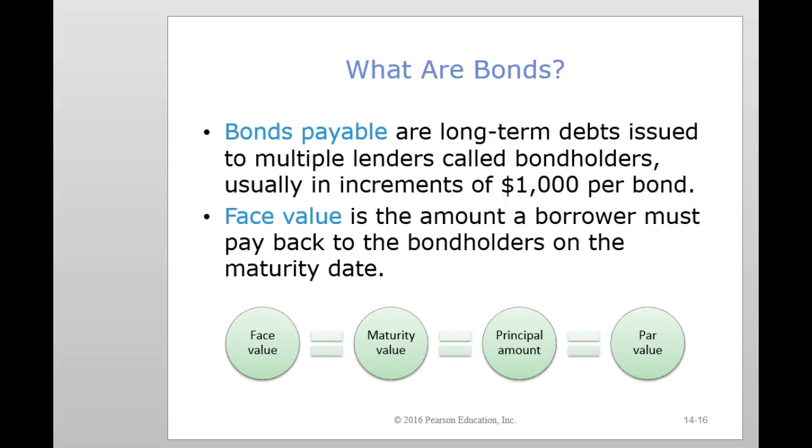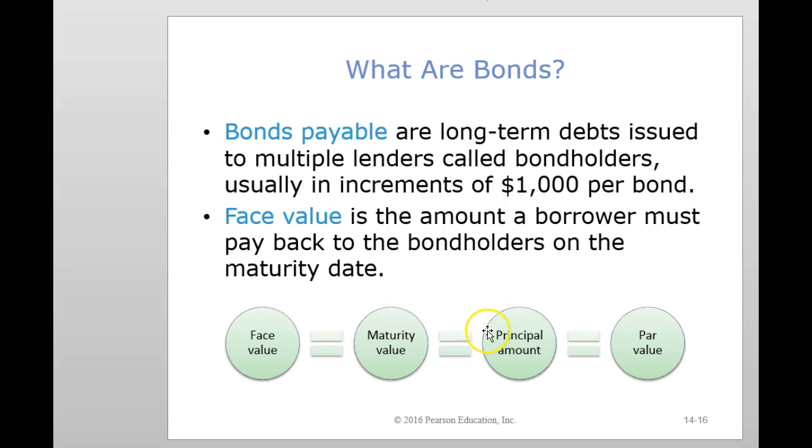So you've got the face amount that will equal the maturity amount, that will equal the principal amount, that will equal the par value. So all of these are kind of synonymous with each other. This is the face value. The face value will always be the maturity value if it goes full term.